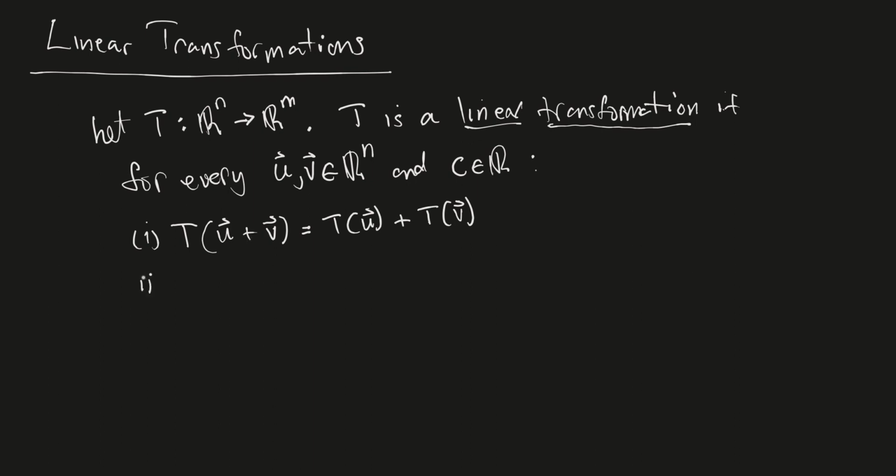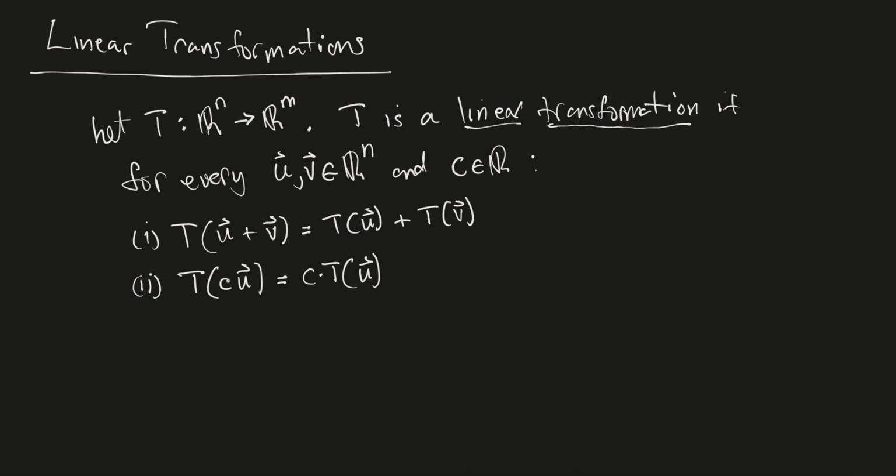The second requirement for a linear transformation, and thankfully there are only two, is this. If you transform a scalar multiple of a vector, it's the same as taking the same scalar and multiplying the image of that vector. So in some sense, it almost gives you the power to factor that constant outside of the transformation, right?